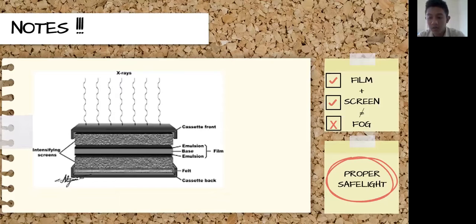There are four structures of the film: base, emulsion, adhesive layer, and a supercoat layer. And there are four structures in the screen also: the overcoat, fluorescent layer, reflective layer, and the base. The function of the intensifying screen is to convert the X-ray photons into visible light photons, which is more efficient and more useful in making the radiographic image.